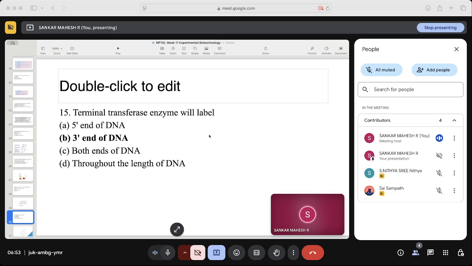The last question is: terminal transferase enzyme will label the 5' end of DNA, 3' end of DNA, both ends of DNA, or throughout the length of DNA.